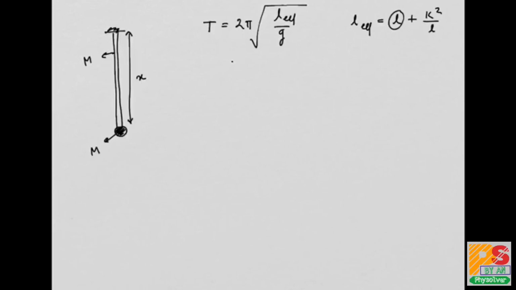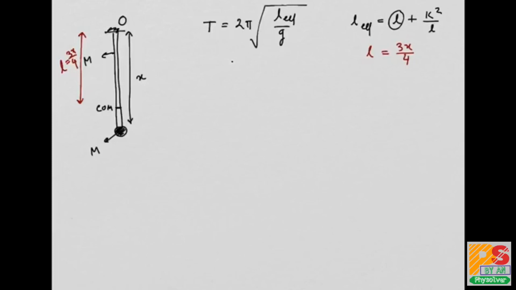L is the distance of the center of mass of the system from the pivot point. As I mentioned earlier, the center of mass of the system will be situated here. So the L length is nothing but this length, which is 3x by 4.